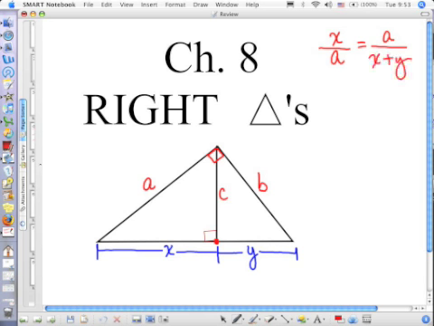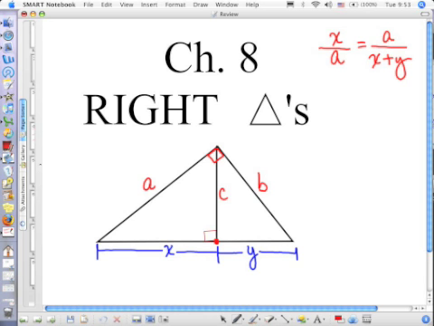That's one of the relationships. These can be used when we're looking for measures of side lengths or segment lengths, and we know that this is the altitude of a right triangle drawn to the hypotenuse.